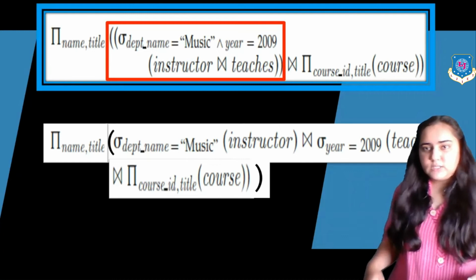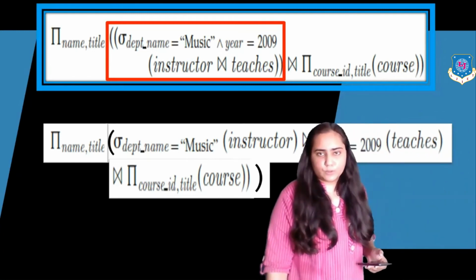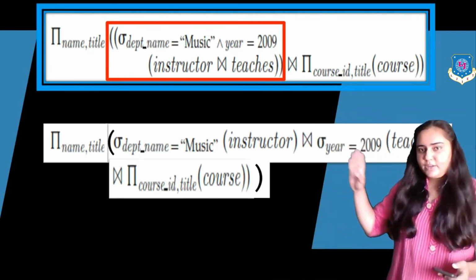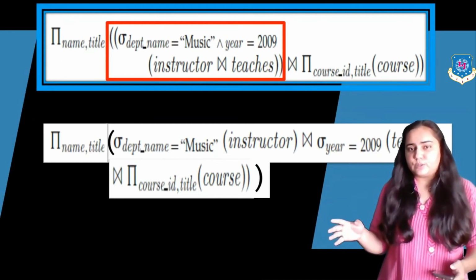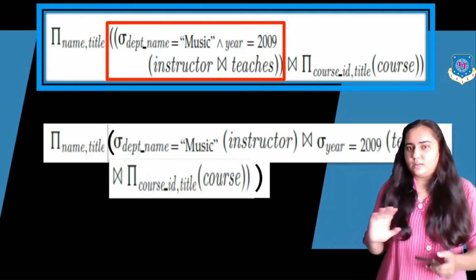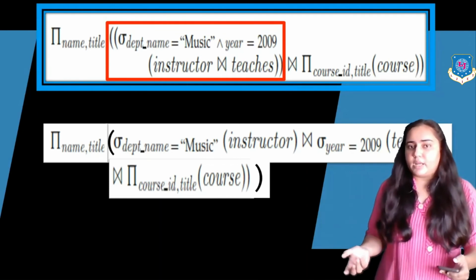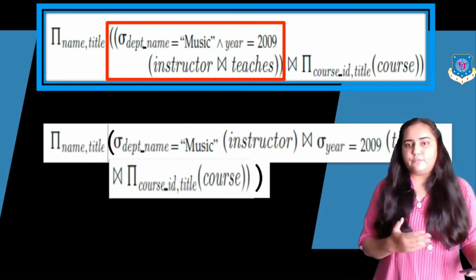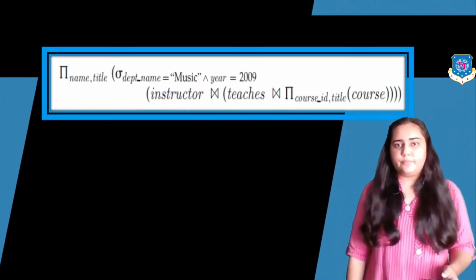And to the teachers table, I have applied the year equal to 2009 condition. So the year equal to 2009 condition is applied only to teachers. And the dept name equal to music is applied only to instructor. And once I've done all this, I've taken a natural join between all three tables after applying pi and sigma. And then from the whole result, I can fetch the name and title, which is what I need to display.